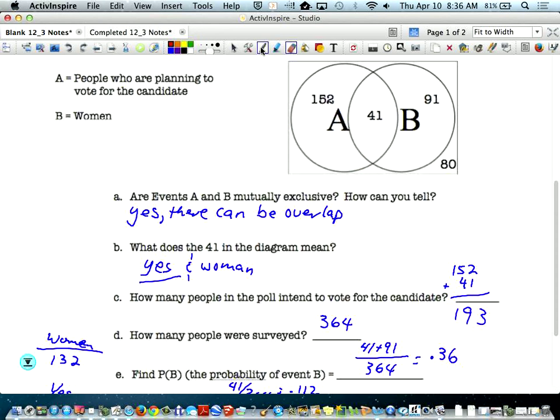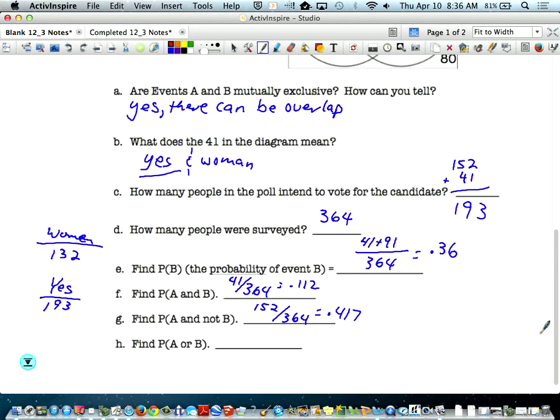I just want those three numbers. So what's 152 plus 91 plus 41? 284. So that's 284 divided by 364, and what do you get? 0.78. 0.78.